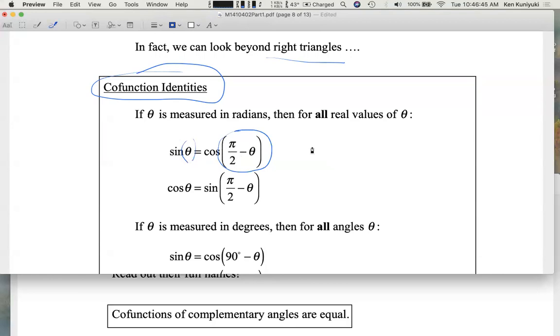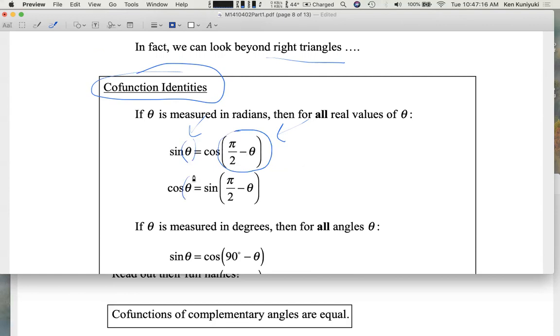I claim this is the complement. Why is that? If we take pi over 2 minus theta and add back the theta, we just get pi over 2. So theta and pi over 2 minus theta are complementary in the sense that they add up to pi over 2.